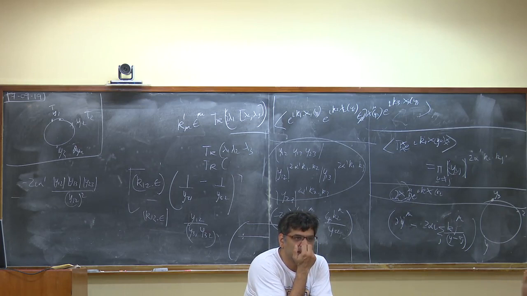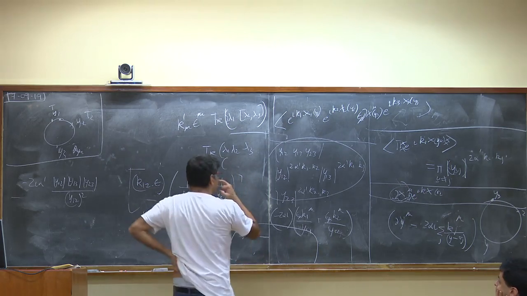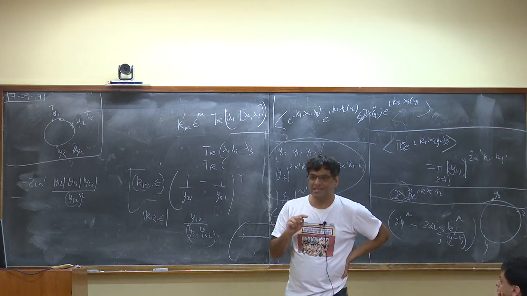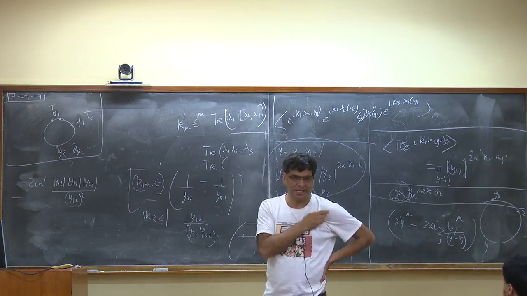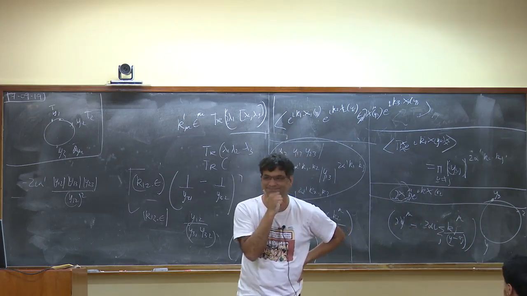For instance, the point is this, right? When I say y minus sigma, this has an orientation associated with it. What does y minus sigma mean? In which direction?